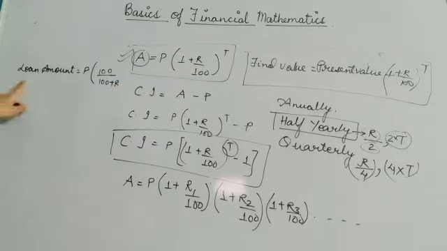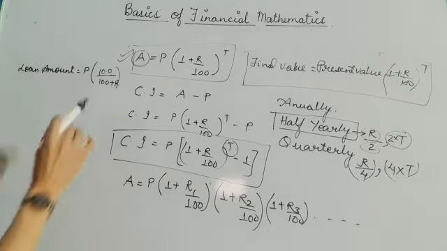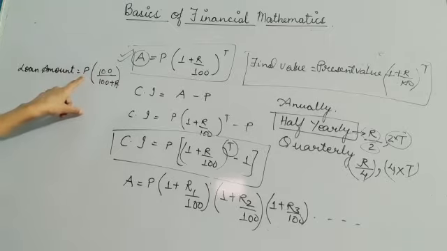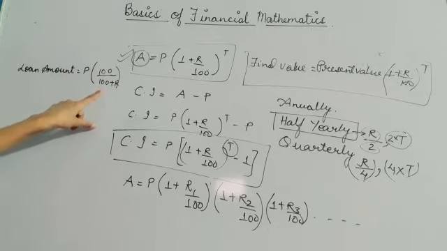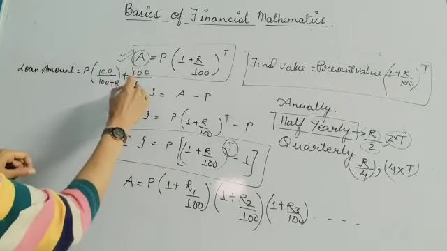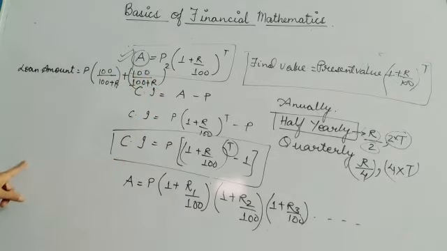So to find out your loan amount when you are paying equal installments, let's suppose the equal installment is paid for 3 years, then your formula will become P, which is your installment which you are paying, 100 by 100 plus R plus 100 by 100 plus R, for second year you will be writing it as a square.